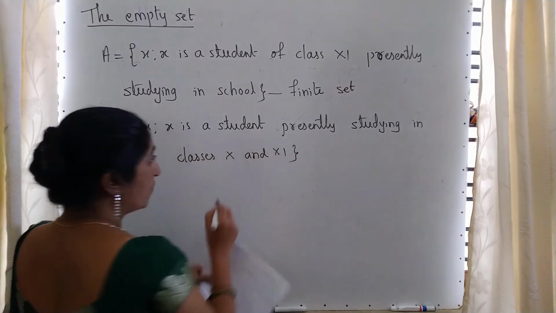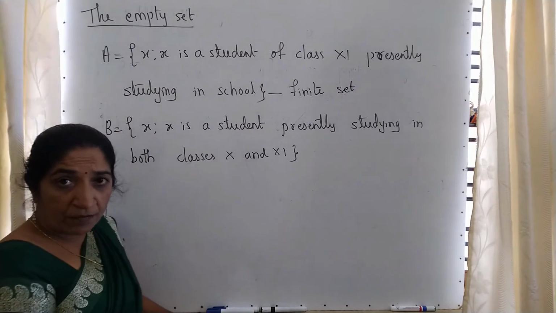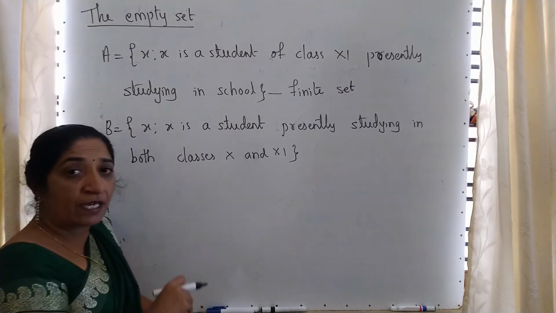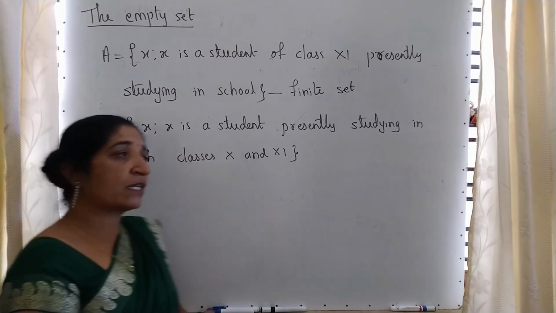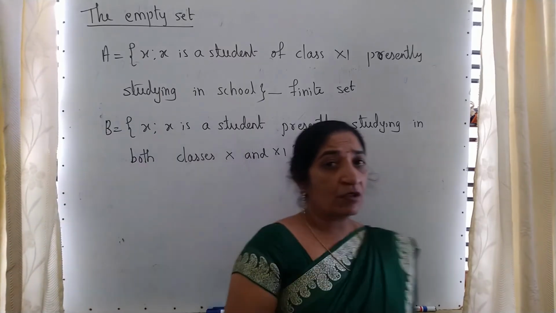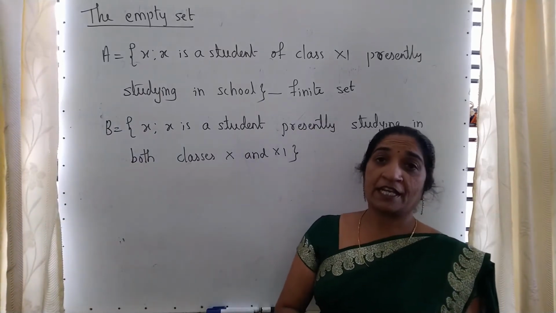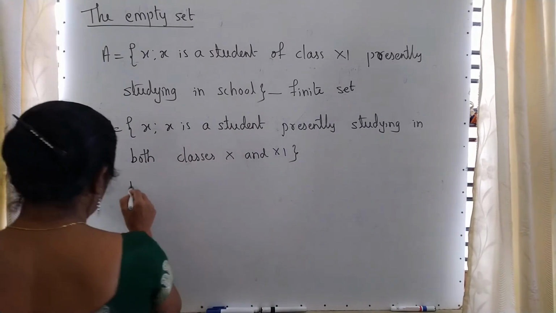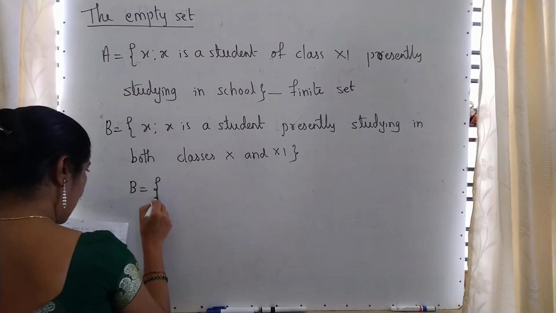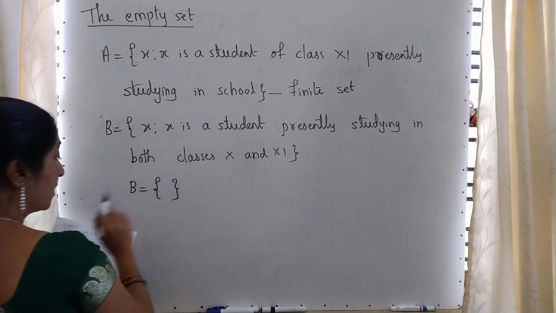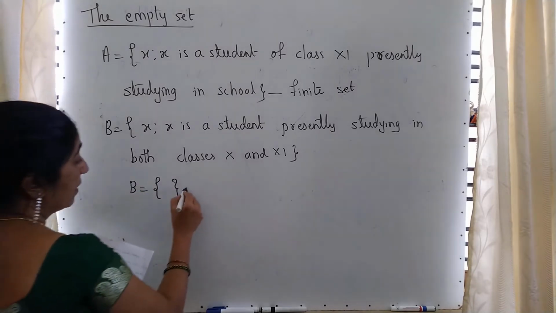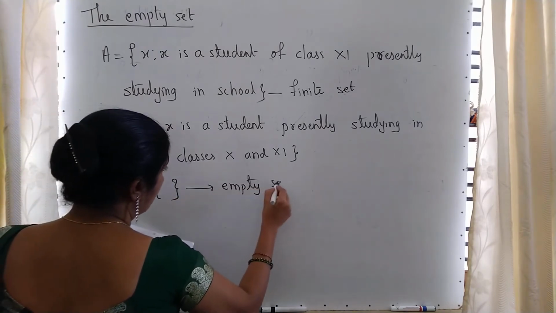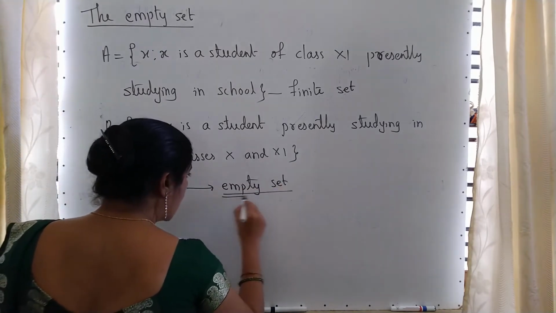Is it possible for a student to study in one year both 10th and 11th? No. Without passing 10th, how can he move to 11th? A student cannot study two courses at the same time. That means it is not possible. At that time we write the set like this. That means there is no element. This is called empty set. Even though it is finite, the main thing is it is an empty set.